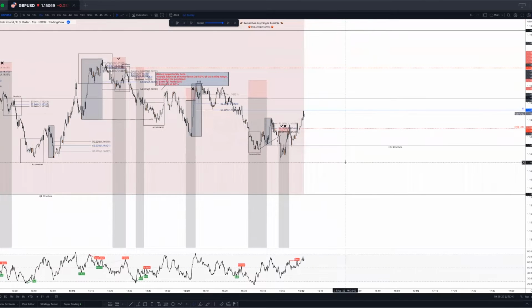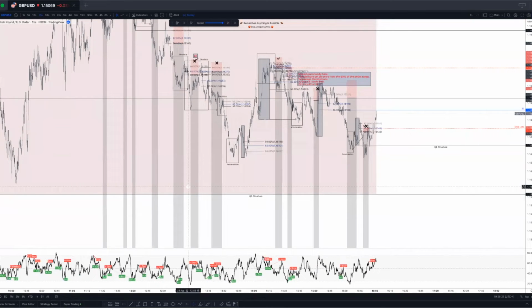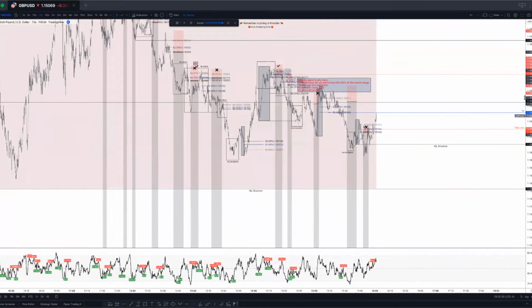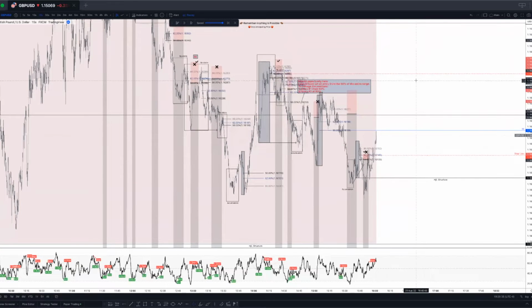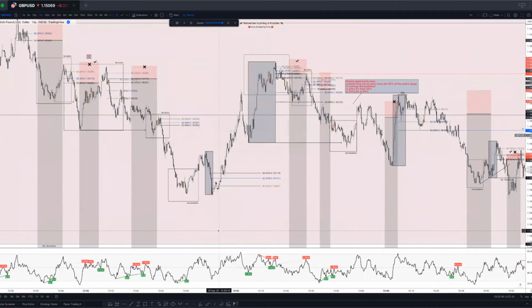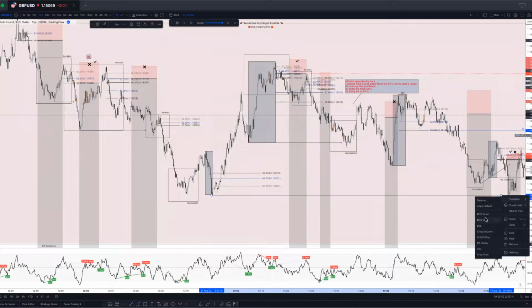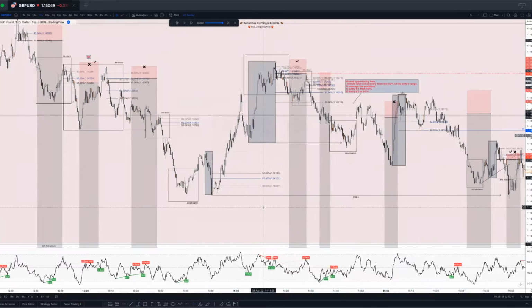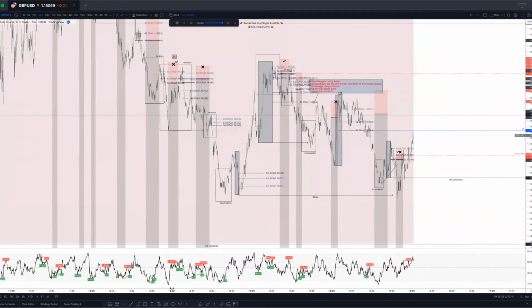So it looks as though we broke out. Hold up. Still in this one. What I like to see is we broke, POS down, and then the entire range.